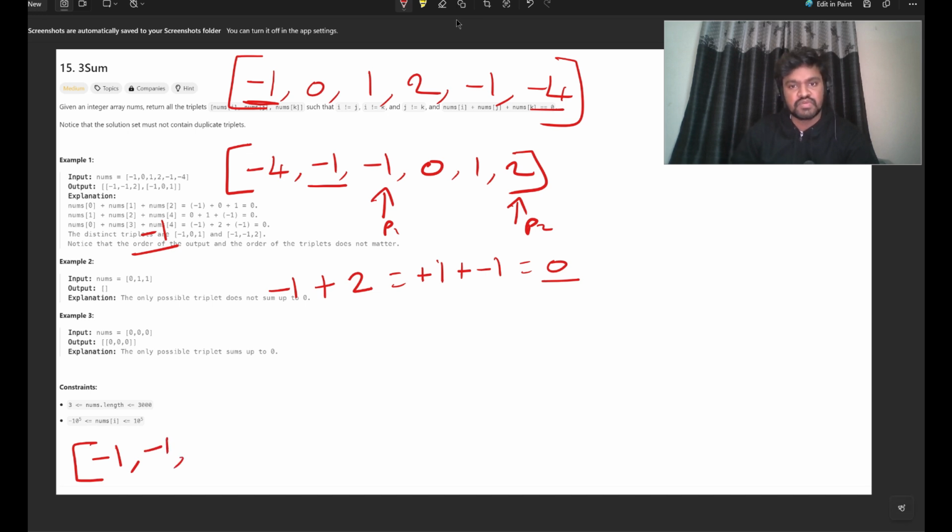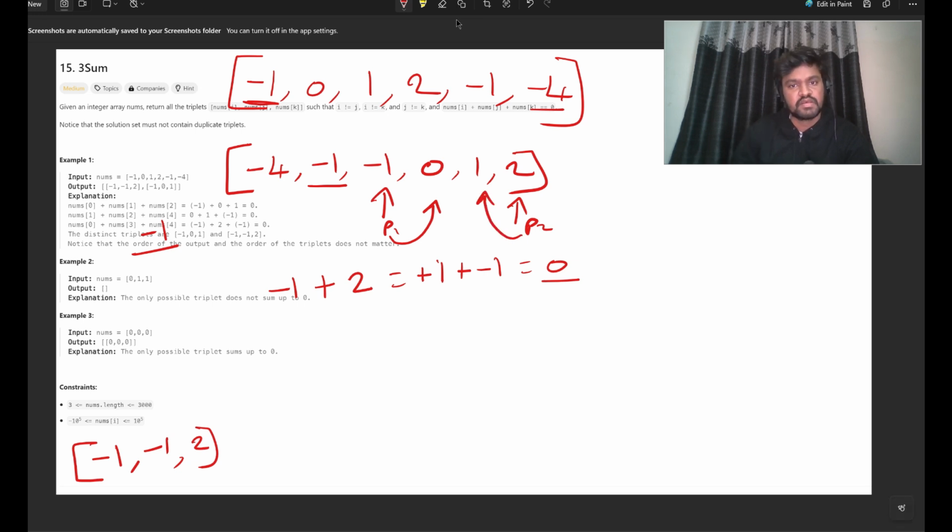And p2 is also pointing to a value, which is 2, so we have written here. So we got one triplet, right? And once you got the triplet, we need to move both the pointers, p1 one step forward, p2 one step backward.